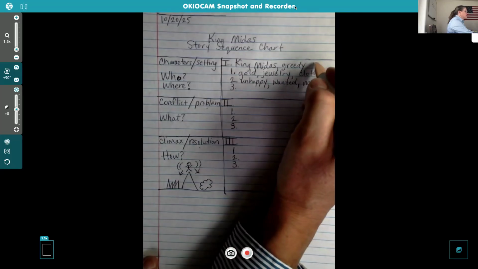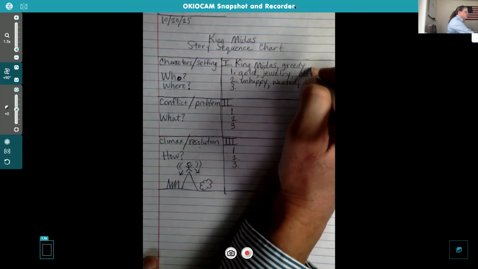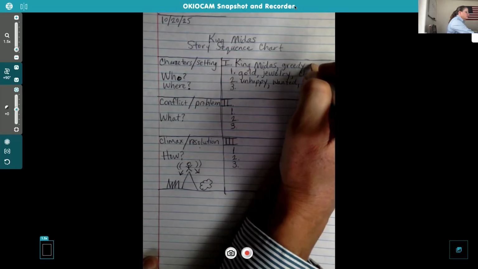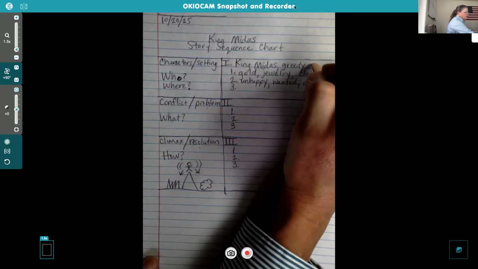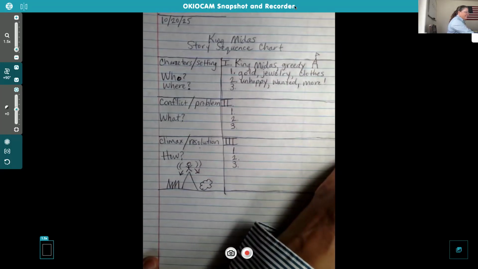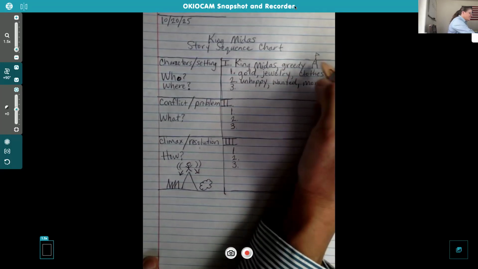Can we draw a little castle right here? Do you guys know how to draw a castle? I don't really know either, but I'm thinking it's tall with a big thing and a flag on it. There, it's a sandcastle.